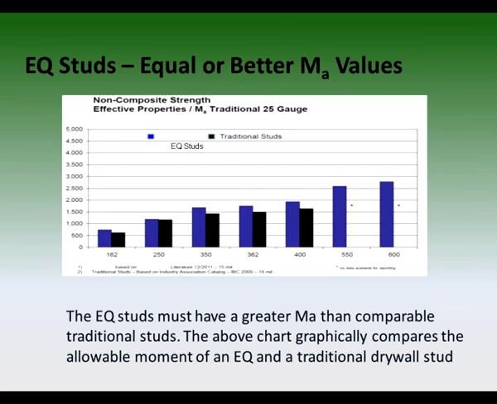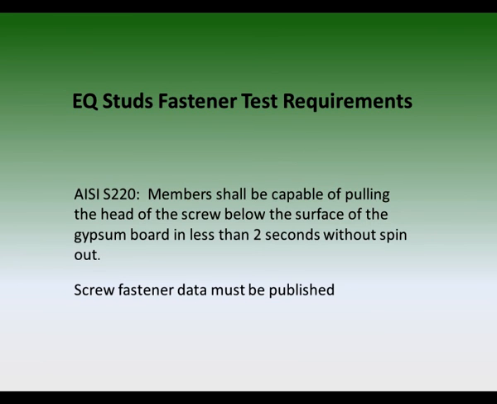According to AISI S220, when tested in accordance with Section 10, members shall be capable of pulling the head of the screw below the surface of the gypsum board in less than 2 seconds without spin-out. If it fails to do either of these following the test procedure in the standard, then the member fails. EQ products on the market must meet this criteria, and the screw test data must be published under the SFIA program.